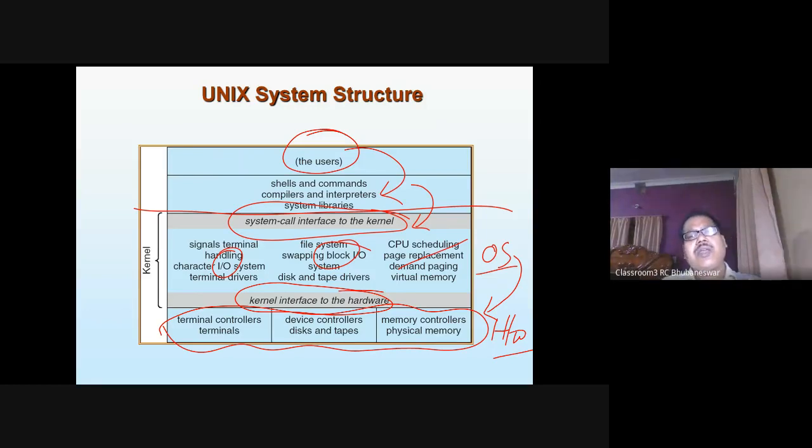So this can be a layering structure of your system on the Unix platform. So operating systems normally have a layer structure, which can give you a better constructed idea of who is going to do what kind of job. That's why a layer structure is better to use in operating systems.